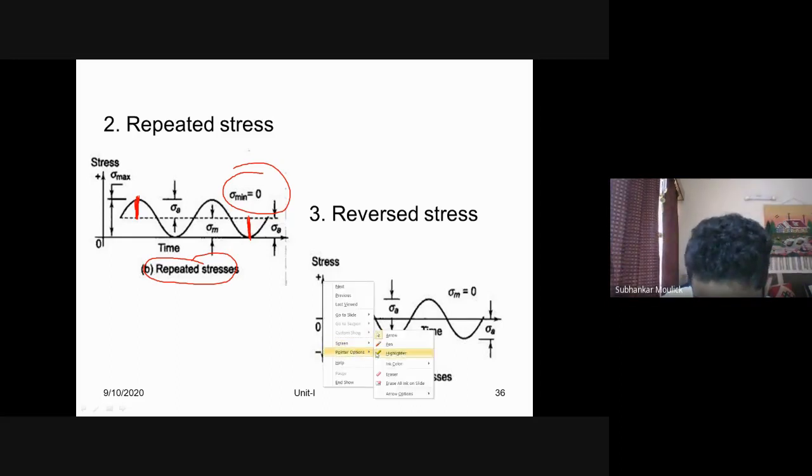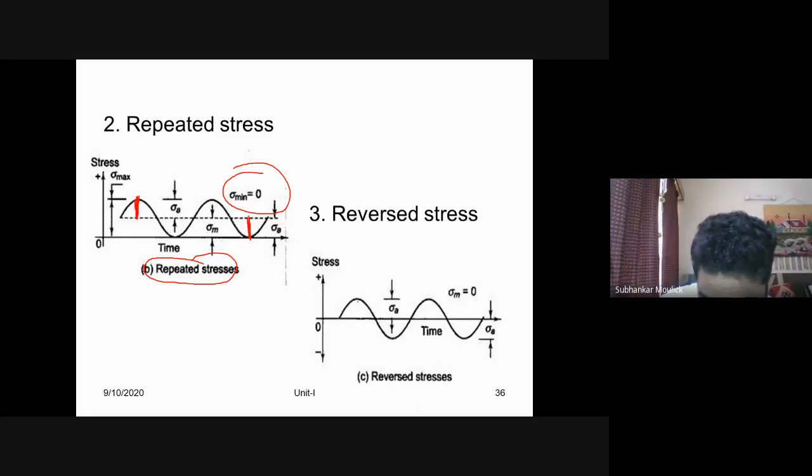That means this is your sigma max and this is your sigma minimum, but sigma minimum is negative in nature, that means compressive stress. If sigma max is tensile stress, sigma minimum has to be compressive stress.